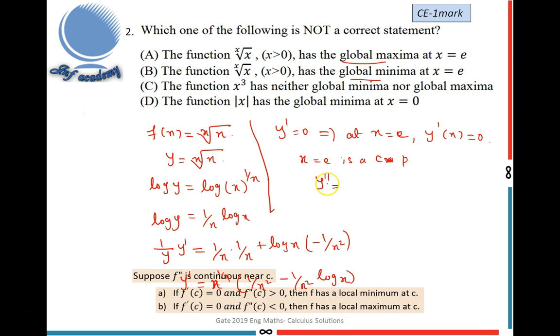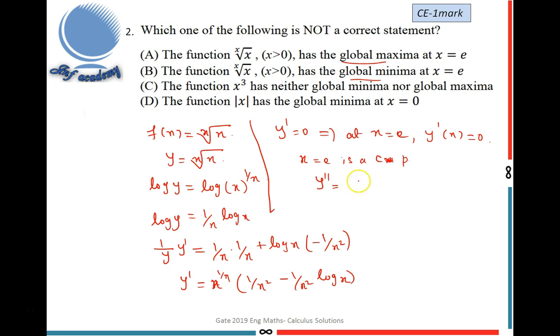So in that place I find y double dash. How to find y double dash? y dash is here. First, I write u is x power 1 by x. I differentiate this function, that is minus 2 by x cube minus 1 by x cube, because 1 by x square into 1 by x, or log x differentiation is 1 by x, minus 1 by x cube plus 2 by x cube log x.